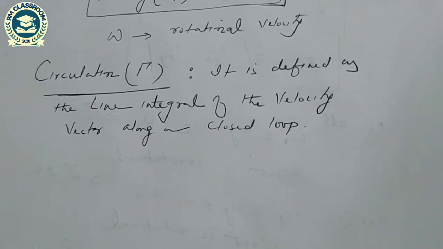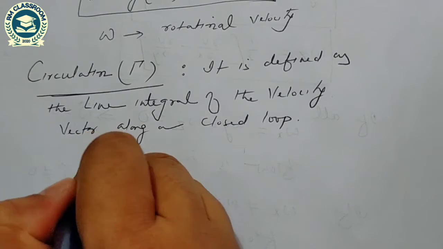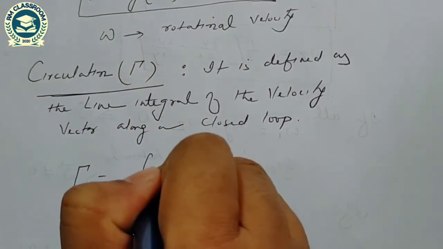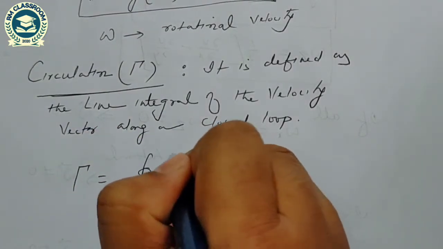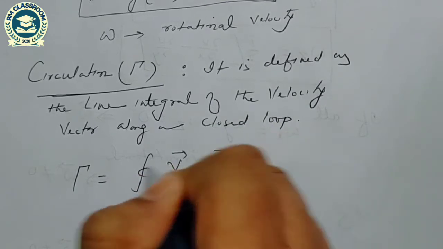It is defined as the line integral of velocity vector. So circulation can be written as line integral of velocity dot dr.